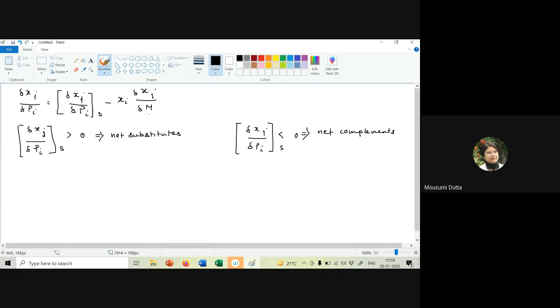If the commodities are inferior in nature, net substitutes indicate gross substitutes. However, if the commodities are normal in nature, net substitutability will result in gross substitutability if and only if modulus del xj by del pi (substitution term) is greater than xi into del xj by del m. Okay, so these things are coming.